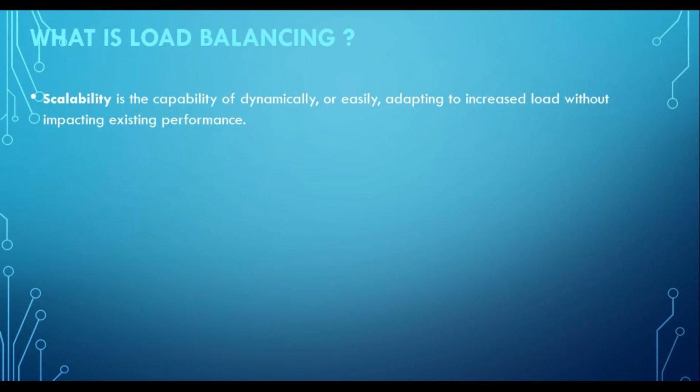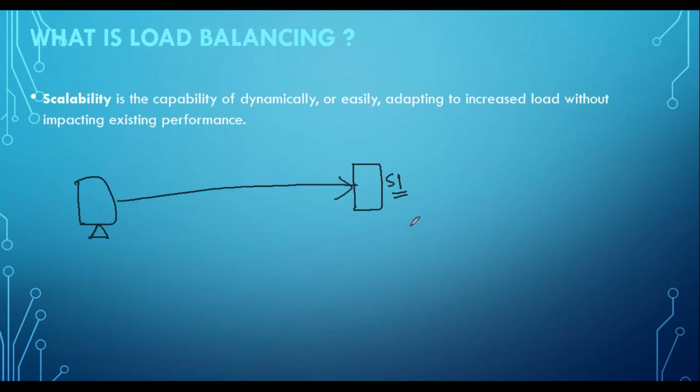So let us say on day one, you have only server one, and this is the client who is trying to access the application. This server comes with a limited capacity, be it in terms of CPU, memory, RAM, and according to the capacity of this server, it can handle maybe 1 million requests per second.